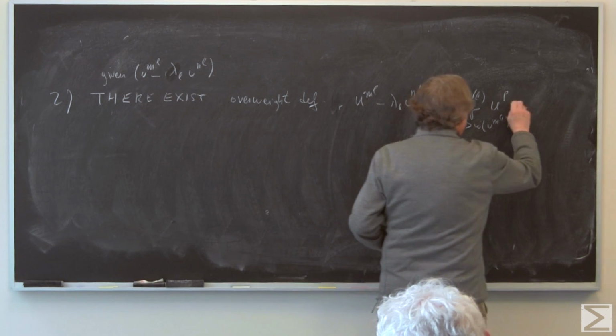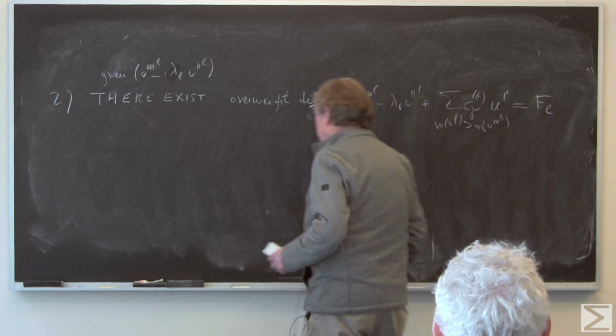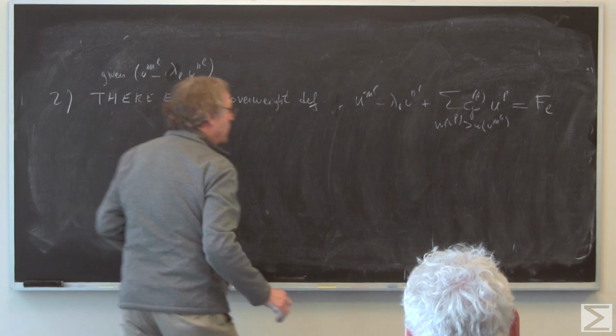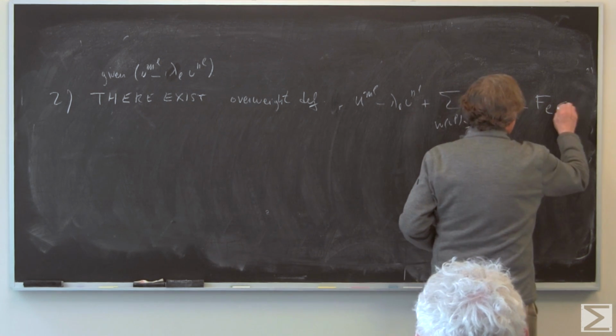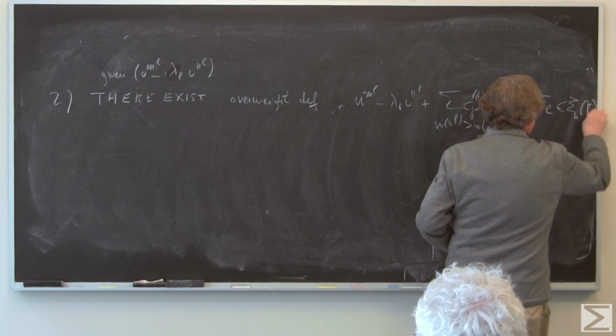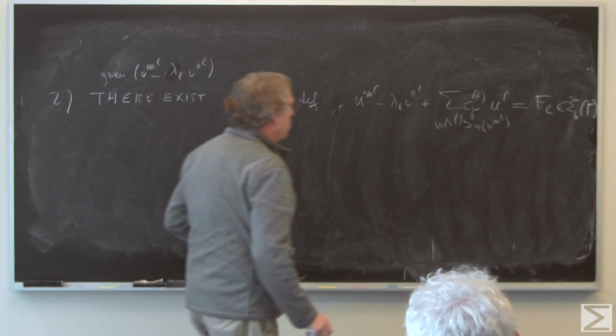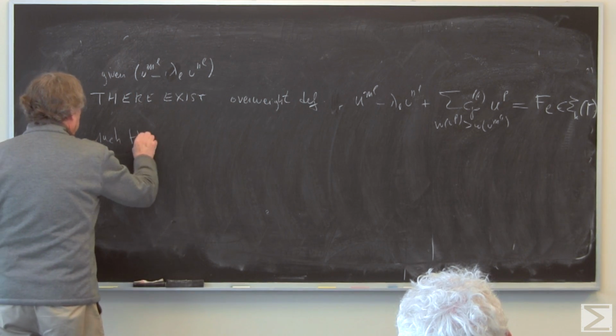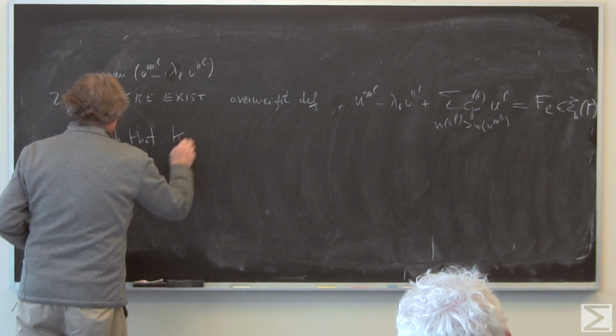These are elements F L in the ring such that, two things.